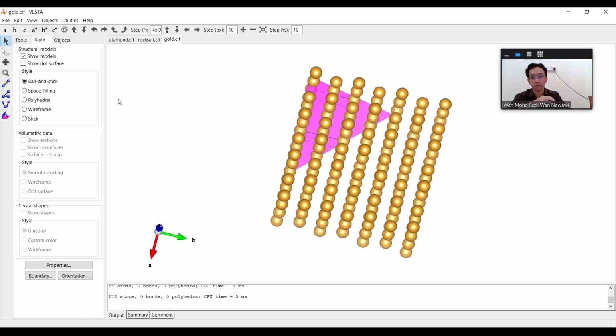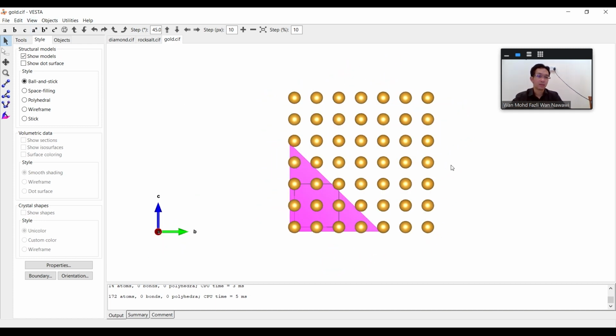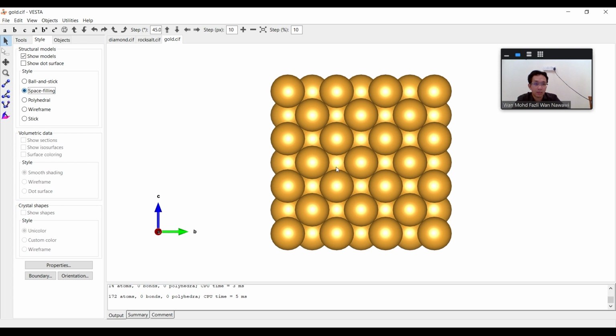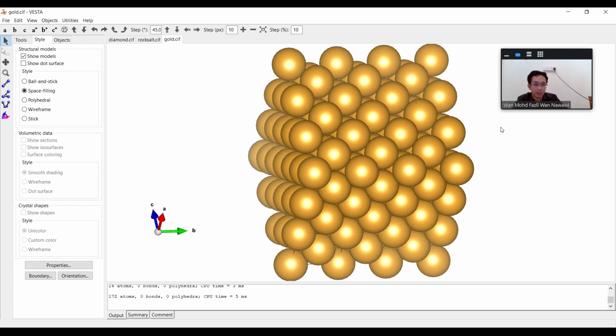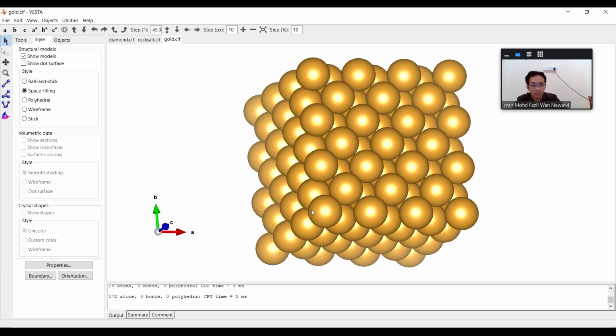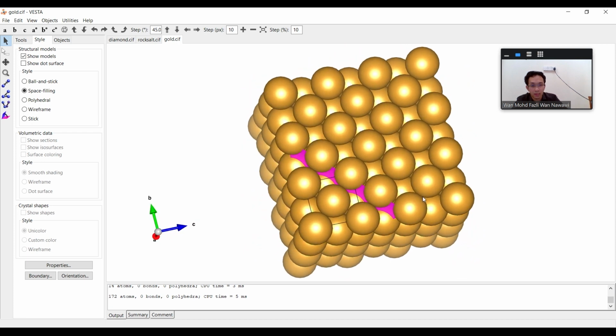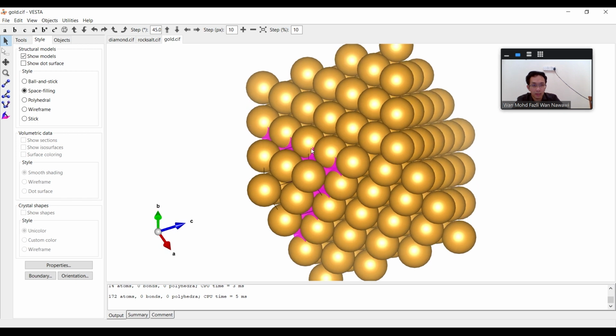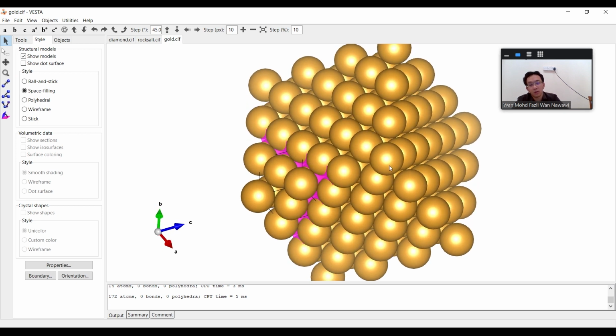So from here, you cannot really see how they are actually in the space. If you click the space filling, you can see something like this. So where is the plane just now? So the plane is there. The plane is there. The plane is there. Okay. So in the gold, I think much easier like this.